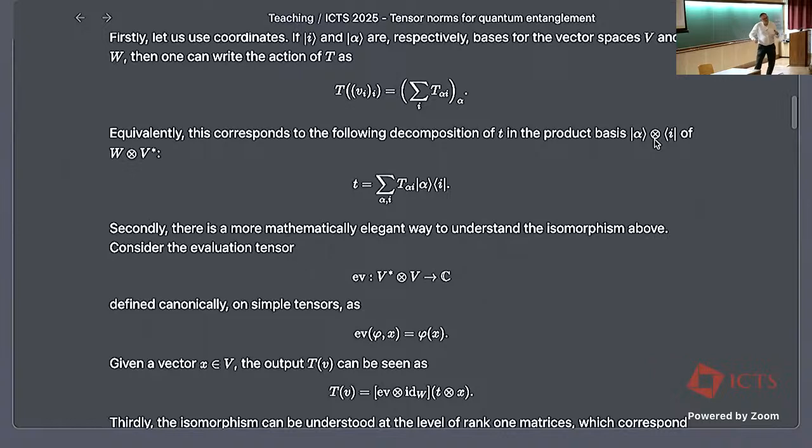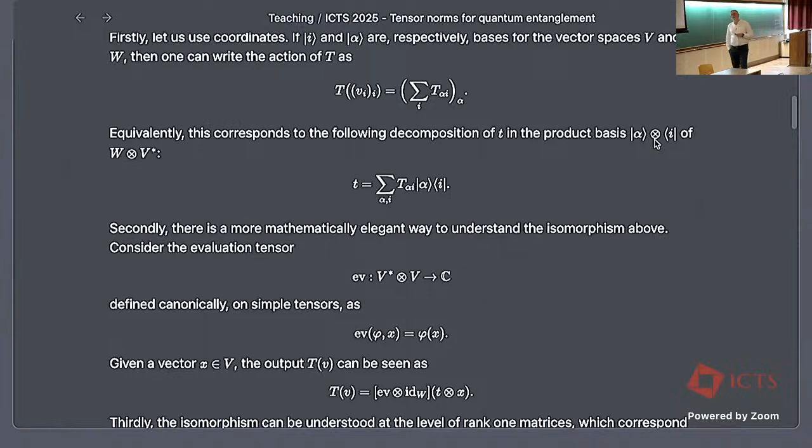Now, there is a fancier way to see this. By fancier, I mean not using coordinates, because one shouldn't use coordinates, or at least as little as possible. The second approach is to look at this evaluation map.